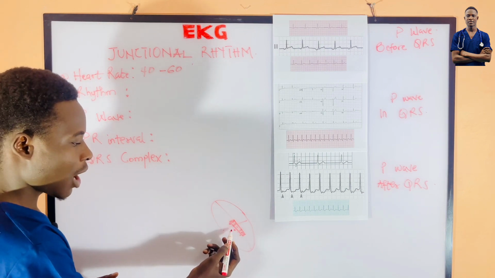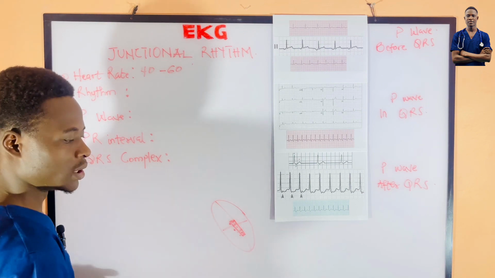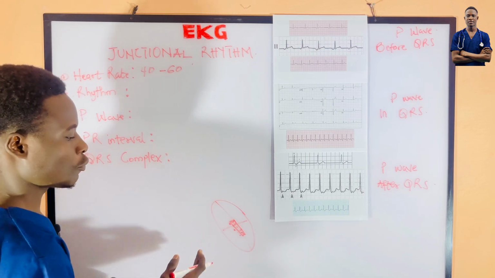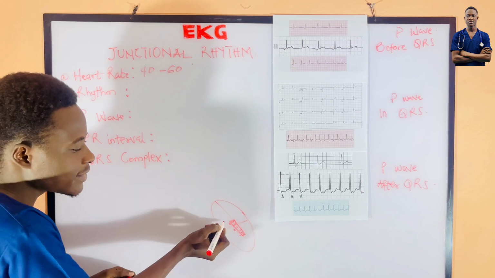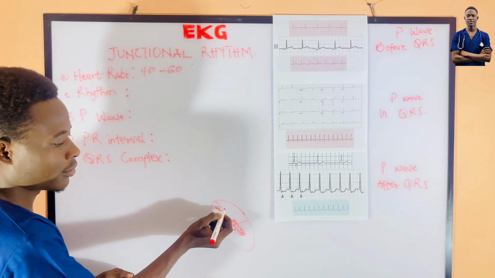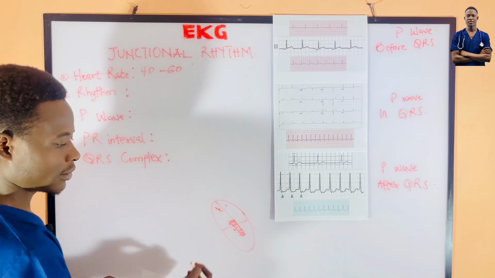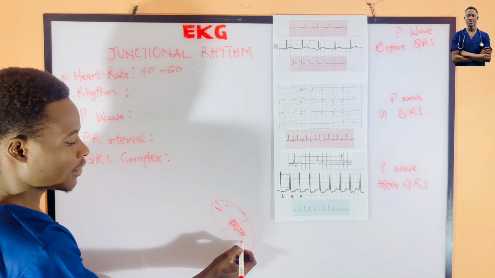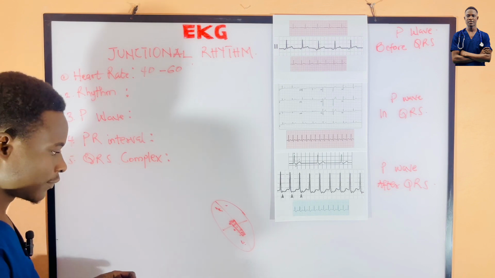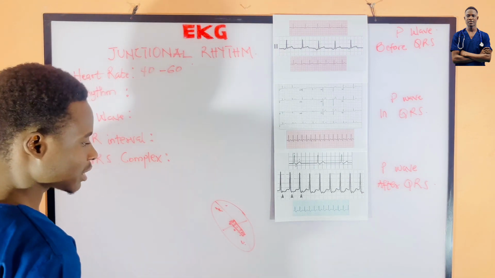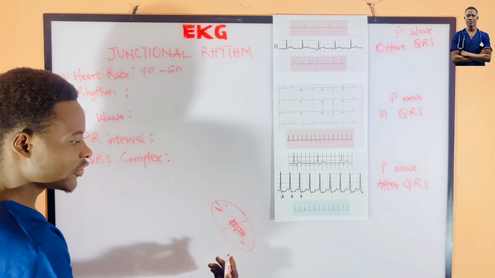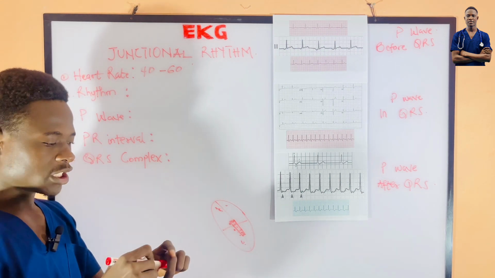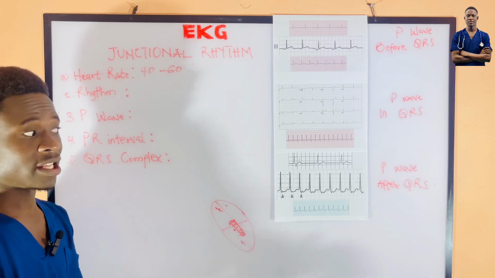Now, this being our AV node, the AV node having three portions. The first portion, which is closer to the atria, the middle portion, and then the last portion, which is closer to the ventricles. Do you understand? So now, let's look at something over here. When you generate electrical impulse, it must transmit throughout the entire heart.